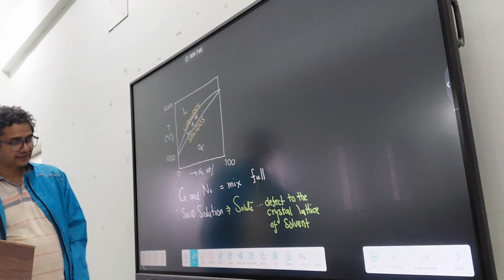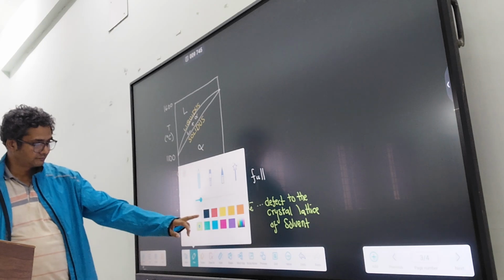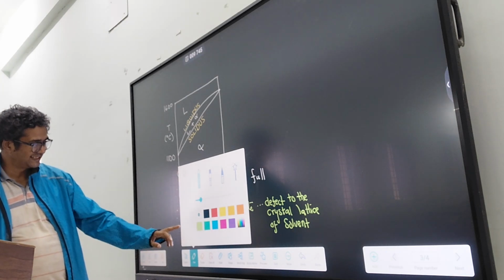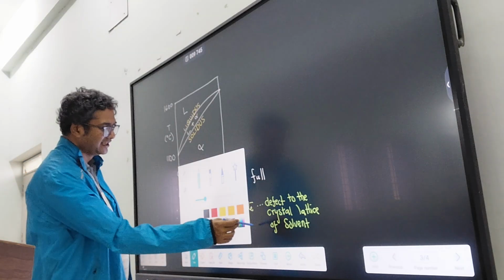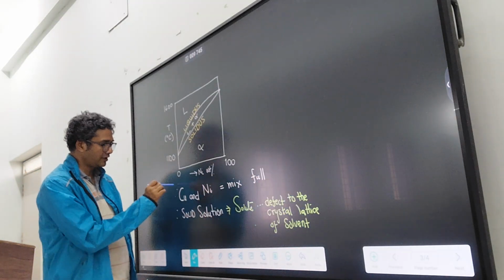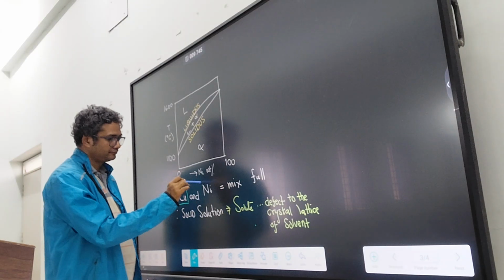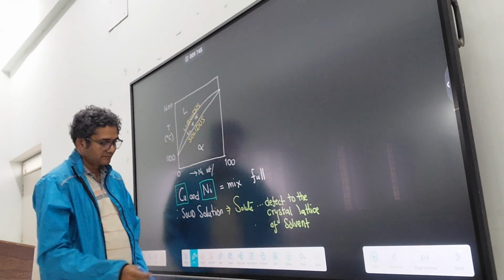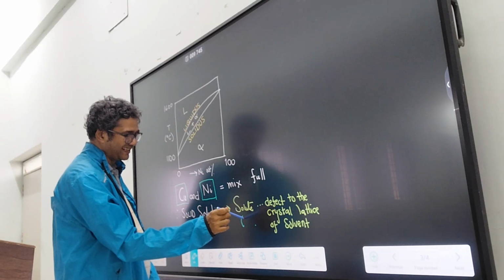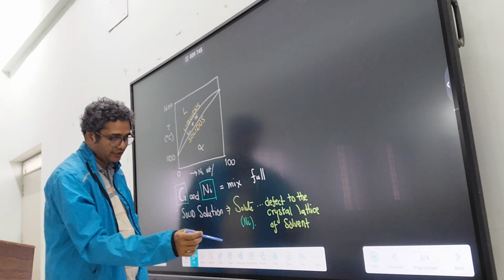So in this case, what is the solute? We are talking about the copper and nickel mix. Here the solute is nickel and the solvent is copper.